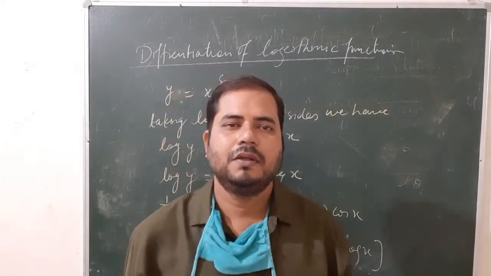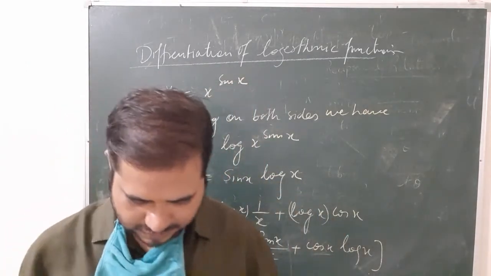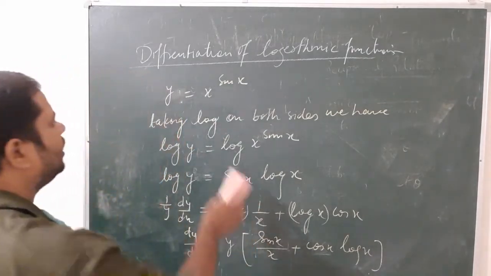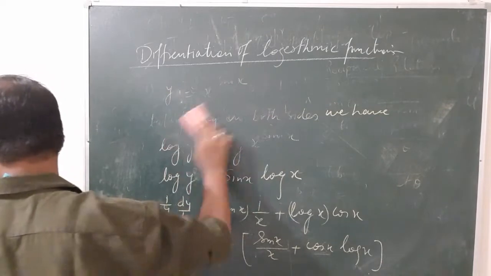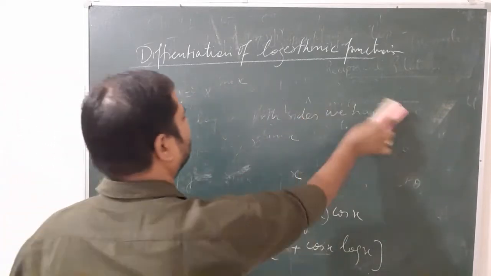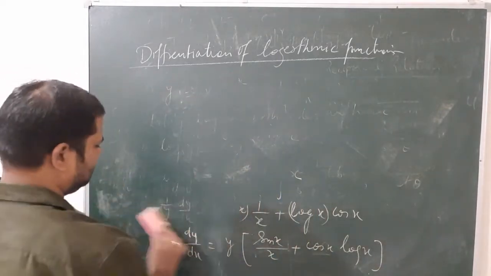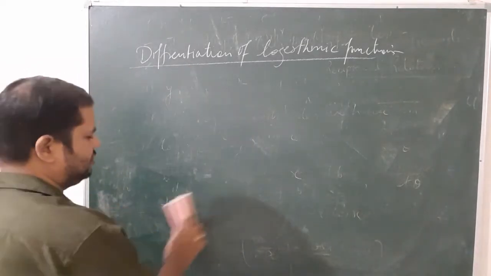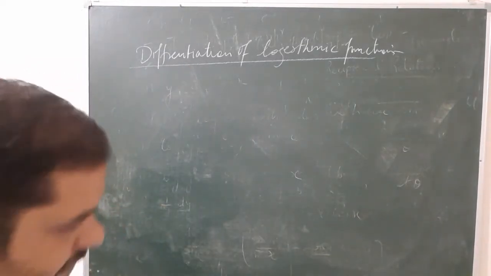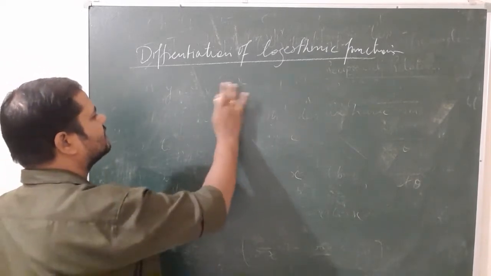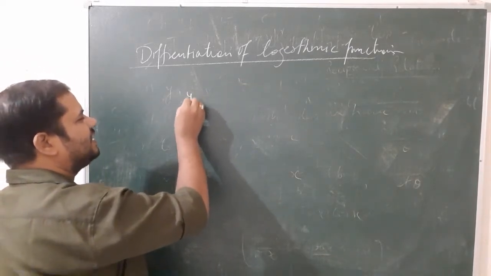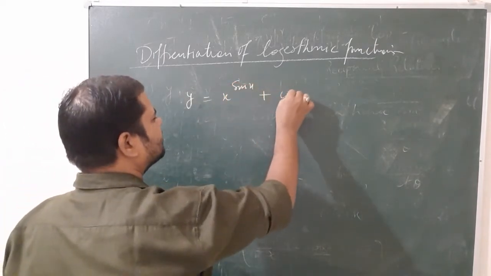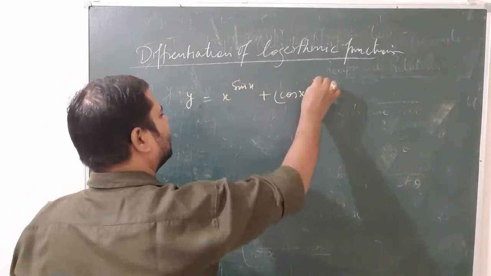Okay. Now we see another question which is very important. Sometimes they have given the sum of two functions. So in this, suppose y is equal to x to the power sin x plus cos x to the power x.